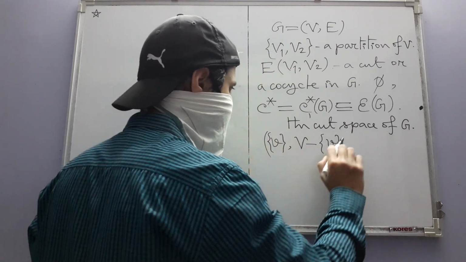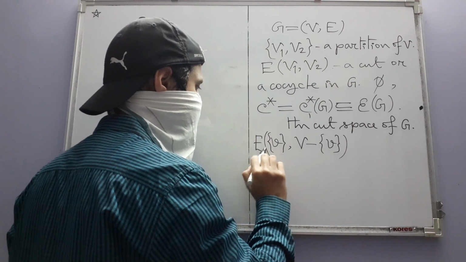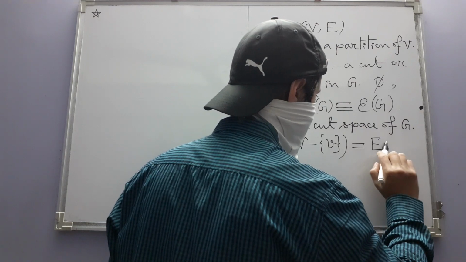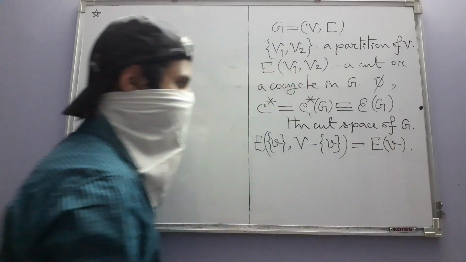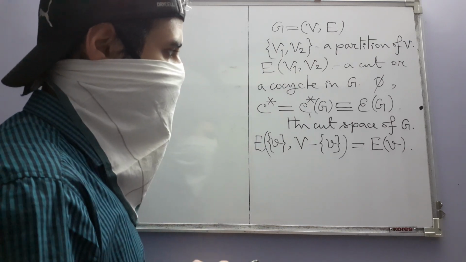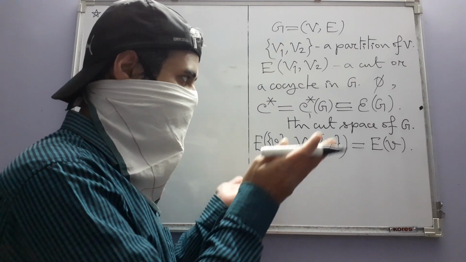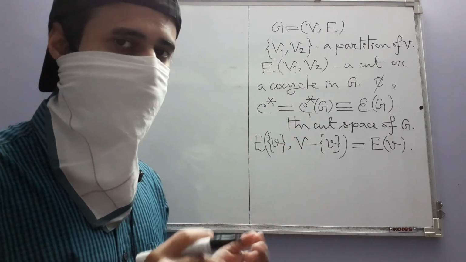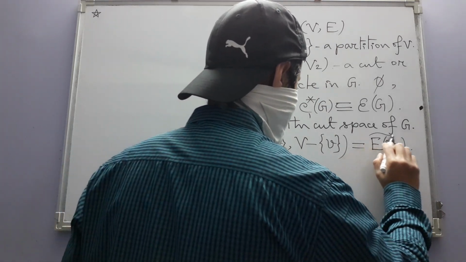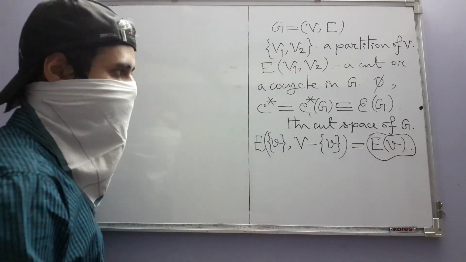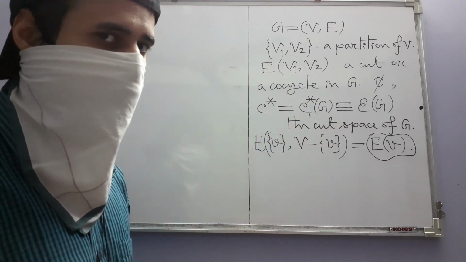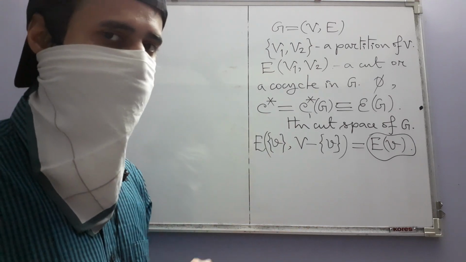In this particular case also we can consider the corresponding cut, and this is generally denoted more simply by writing E of V, and it is just the set of all edges at V, that is, which are incident to V. And these special types of cuts in fact span the cut space or generate the cut space. Okay, so this is how far we have seen.